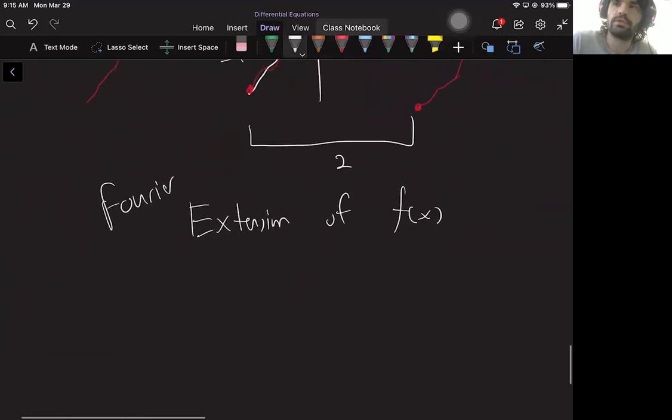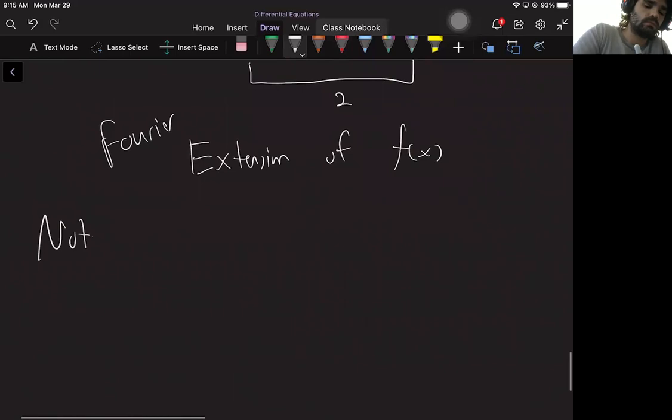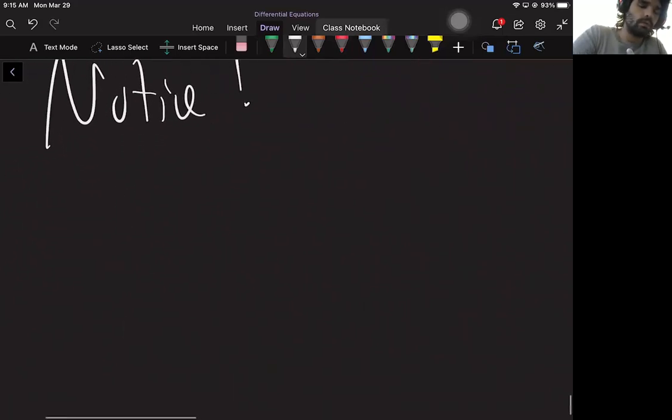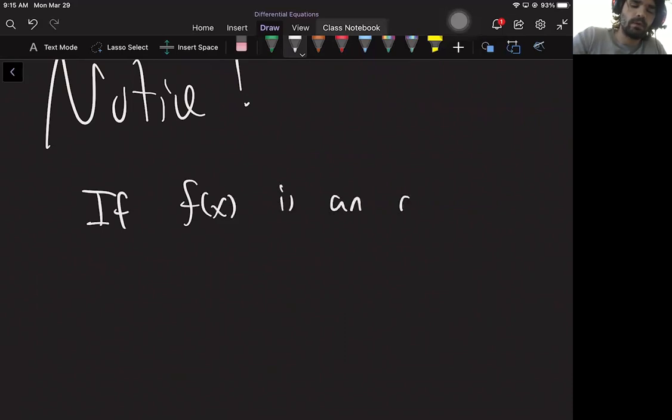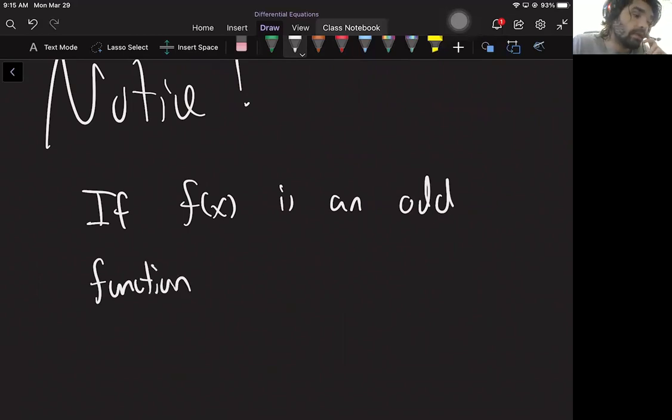So one thing to just notice real quick is that this sort of thing will always happen if f of x is odd. We can make a bunch of stuff just be 0. If f of x is an odd function, this is something you want to check right at the start to save yourself some time.